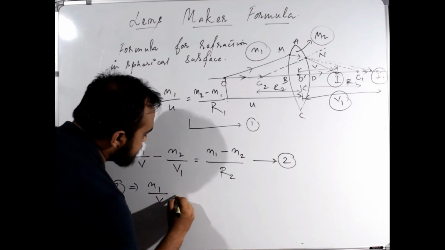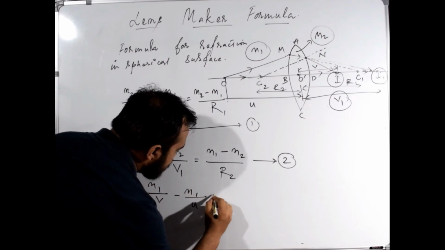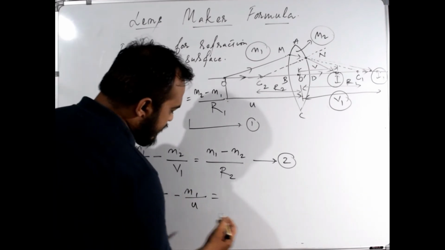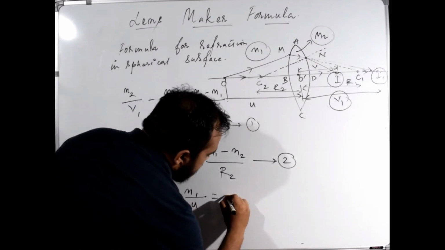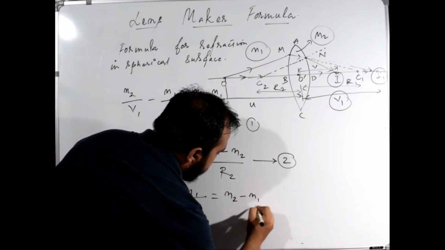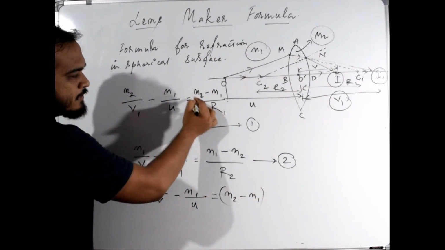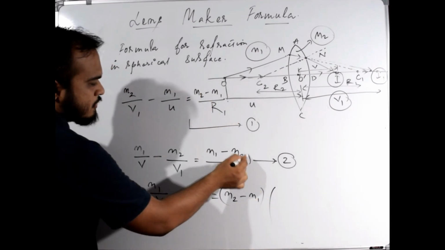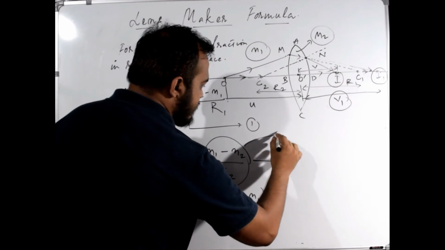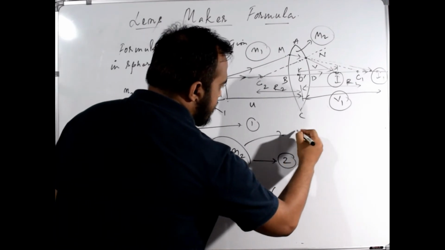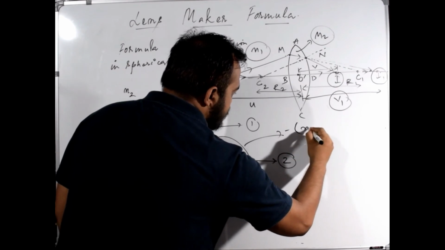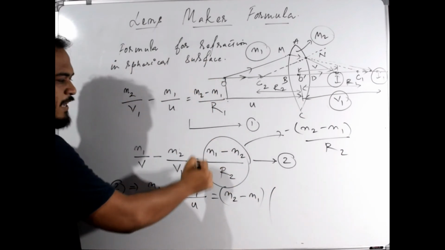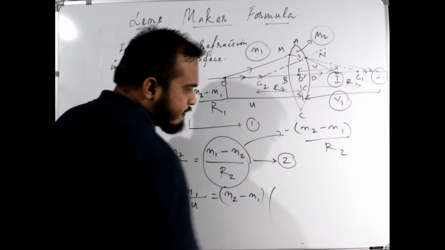N1 divided by V minus N1 divided by U is equal to, now we will write N2 minus N1 in bracket. And this term can also be written as minus of N2 minus N1 divided by R2.